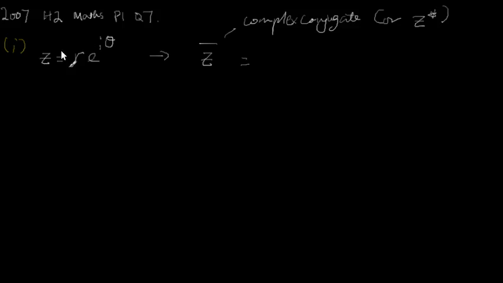So if z equal to this is a root, then the complex conjugate is also a root, and the complex conjugate is given by this: I change the angle to negative. After going through the solutions, I'll briefly explain why this is the case.